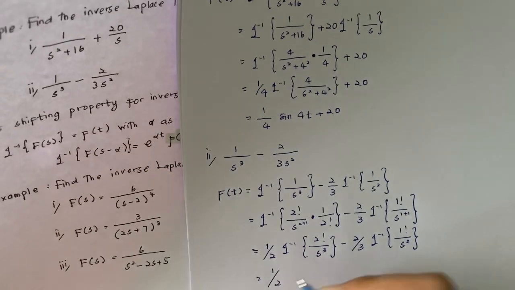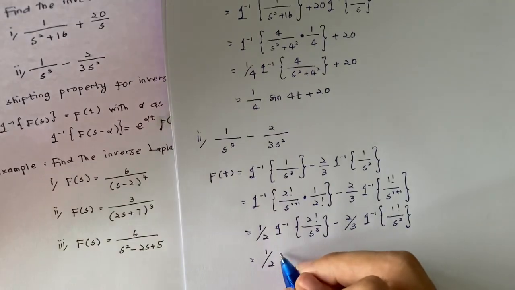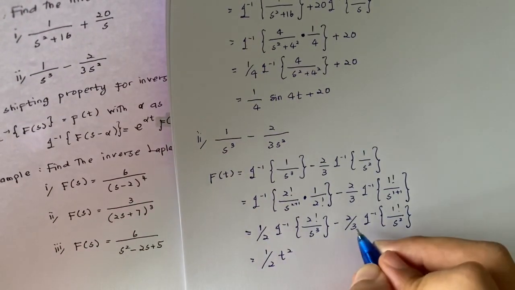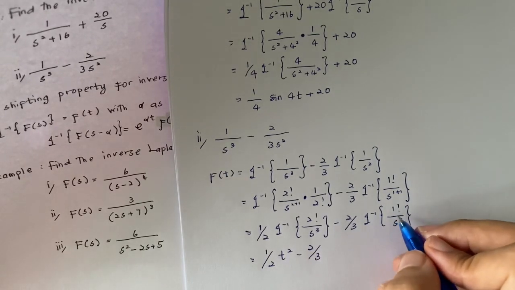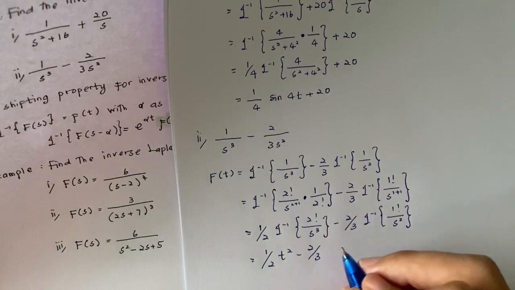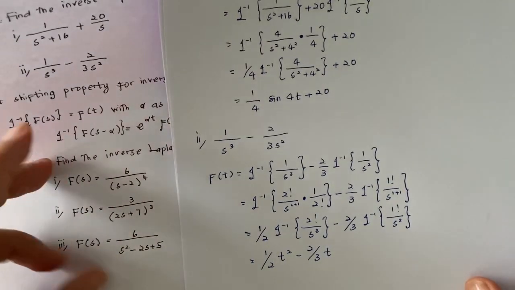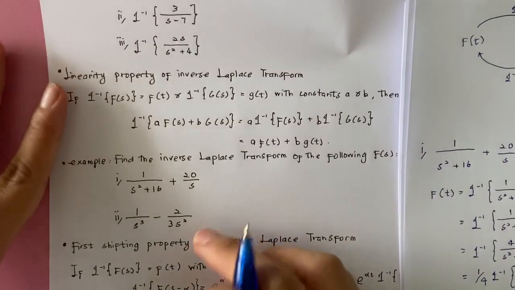So 1 over 2 times 2 factorial over s cubed is t squared, while the inverse Laplace of 1 factorial over s squared is t. So that's it, the last answer for this second example.